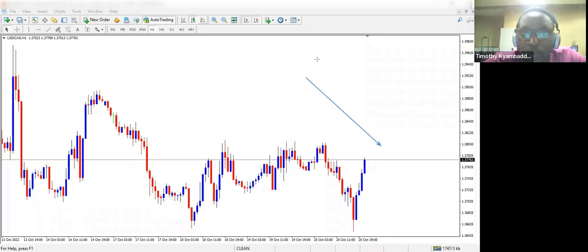Okay, so next, remember, if you attended our class on leading and lagging indicators, we said it's always good to have a combination of the two, both the leading and the lagging indicators. And for those of you who were in that class, remember we looked at one of the leading indicators being the candlestick formations, candlestick patterns.